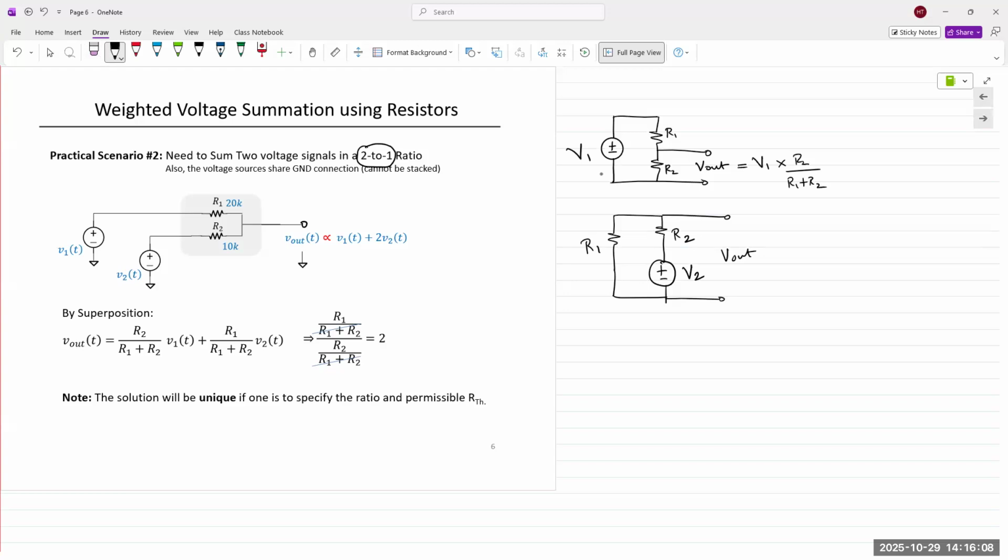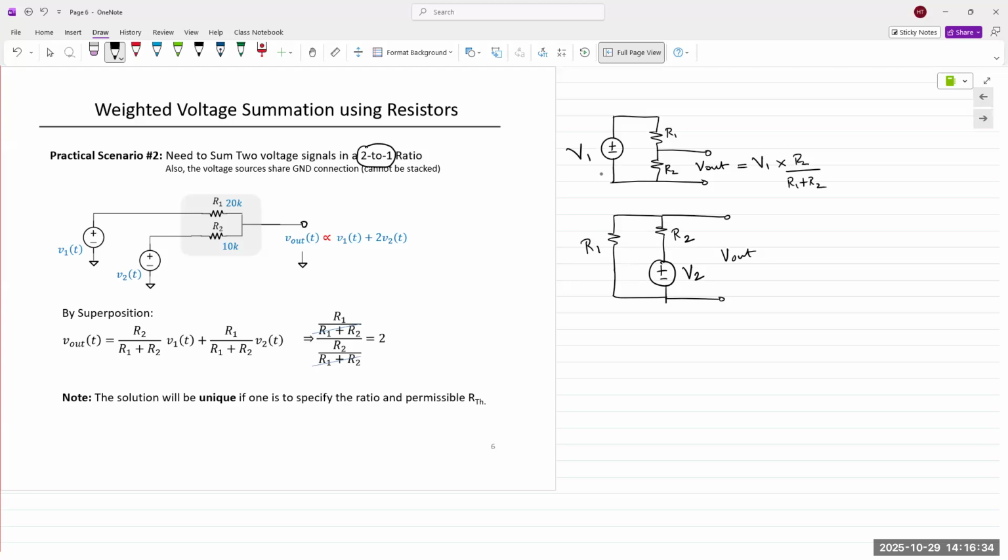Absolutely, yeah, but the circuit is still the same. Both circuits are the same. They're effectively connected: V1 with R1 and V2 with R2 are in series, a voltage source in series with a resistor, but those branches are in parallel together.